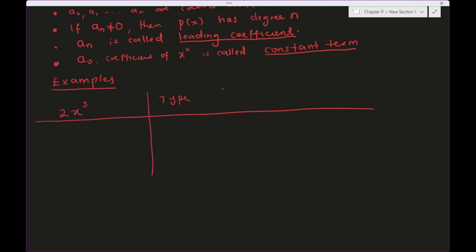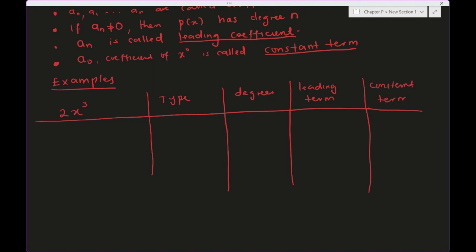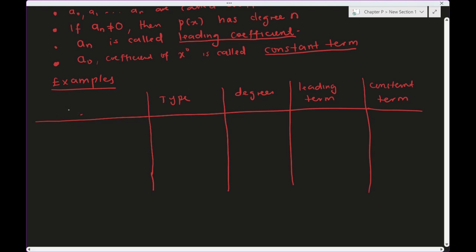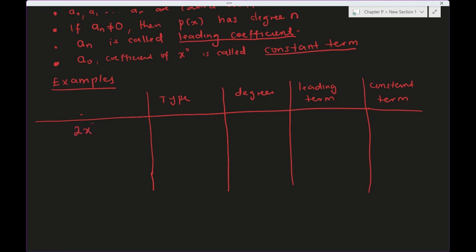Let's say this is type, and let's say degree, and let's say what is the leading term. And finally, we'll look at the constant term. Okay, so drop this here. So 2x to power 3.